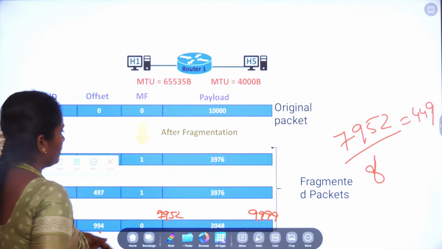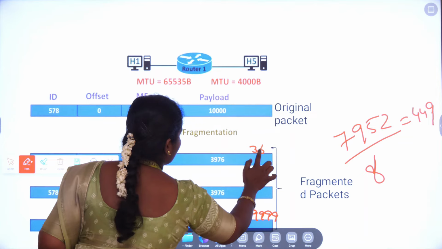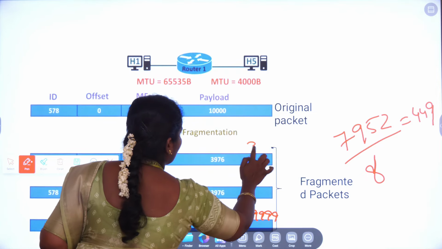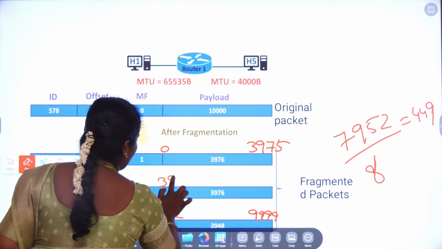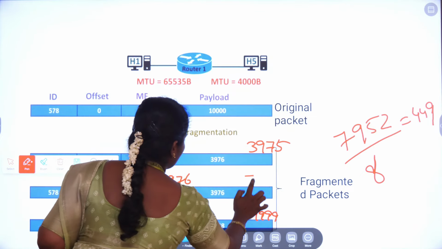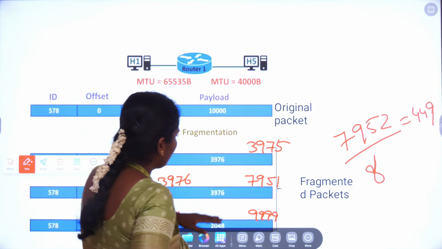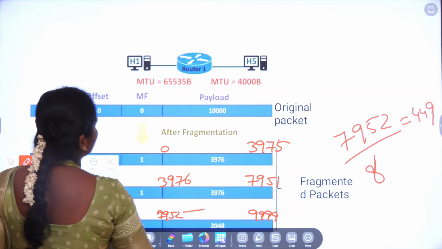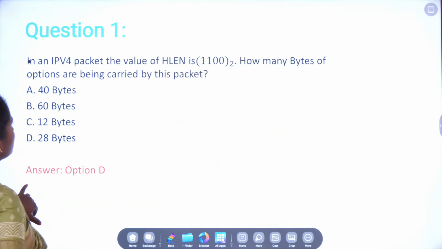If you add all three fragments, 0 to 3975, 3976 to 7951, and the last one, you will get 10,000. These are the fragmented packets. Next we will move on to the previous year GATE questions.